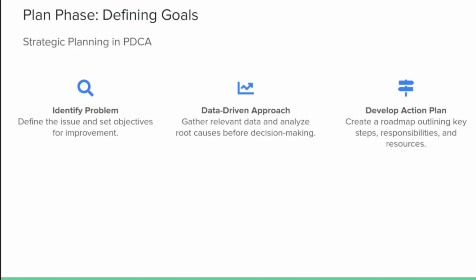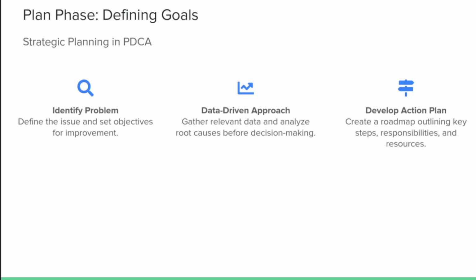Now, the first phase of the PDCA cycle is the plan stage, where the organizations define their goals and outline a clear path to achieve them. This step is crucial as it sets the foundation for continuous improvement.